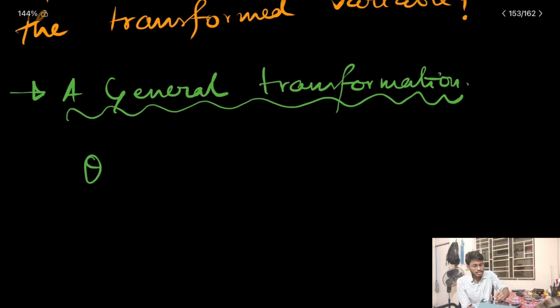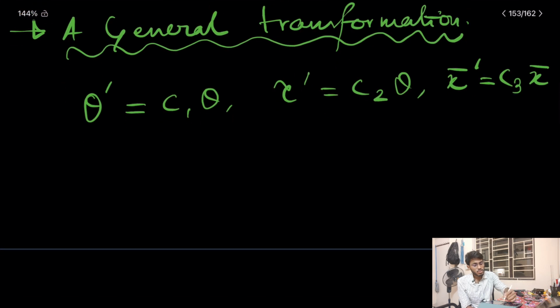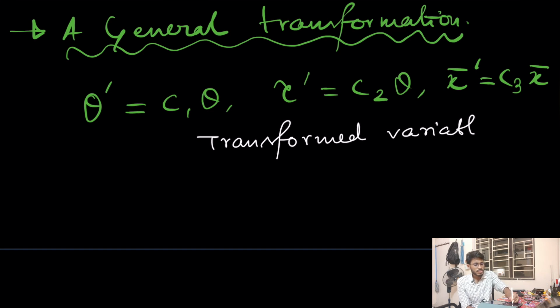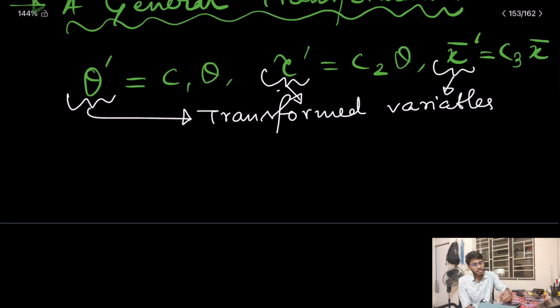So let us say that theta prime is equal to C1 into theta, and tau prime is equal to C2 into tau, and what else is remaining? X bar prime is equal to C3 into x bar. So these are the transformed variables, and similarly these are the original variables.